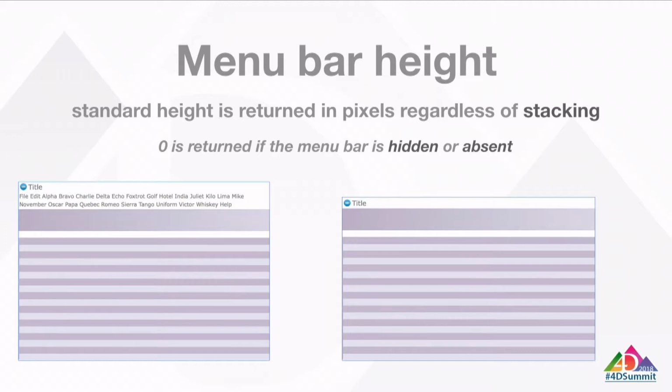You see, in Windows, if the width of your window does not allow for every menu item to be displayed in one line, then those items are basically stacked. But the menu bar height will always return the height for a single line of menu items, see? Or 0 if the menu bar is hidden. But you probably don't need to use this command in SDI mode.